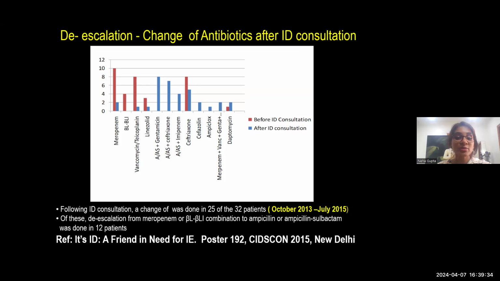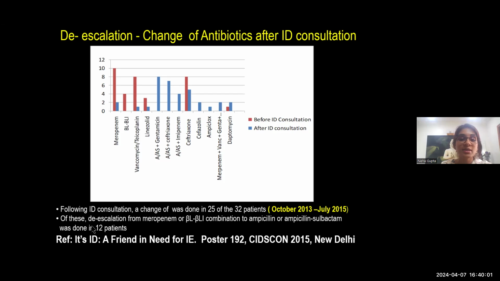I would like to mention our poster, related to de-escalation and change of antibiotics in patients with infective endocarditis after the ID consultation, which we presented in SITSCON in 2015. ID, a friend in need for infective endocarditis. Following the ID consultation, a change in the antibiotics was performed in 25 out of the 32 patients over a period of close to 2 years.